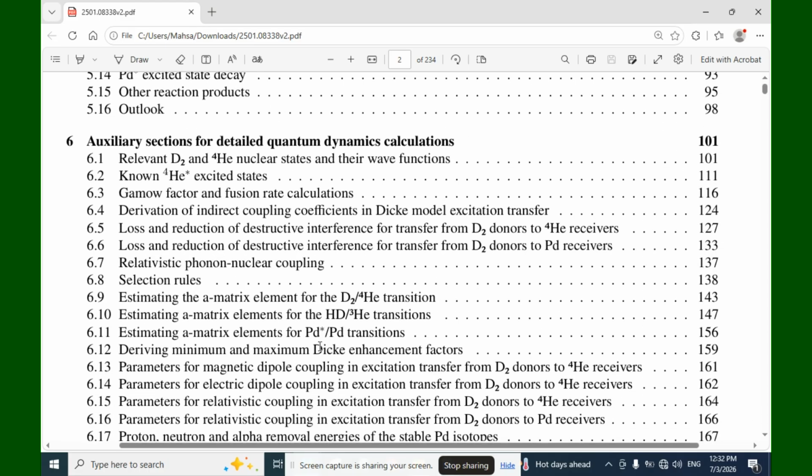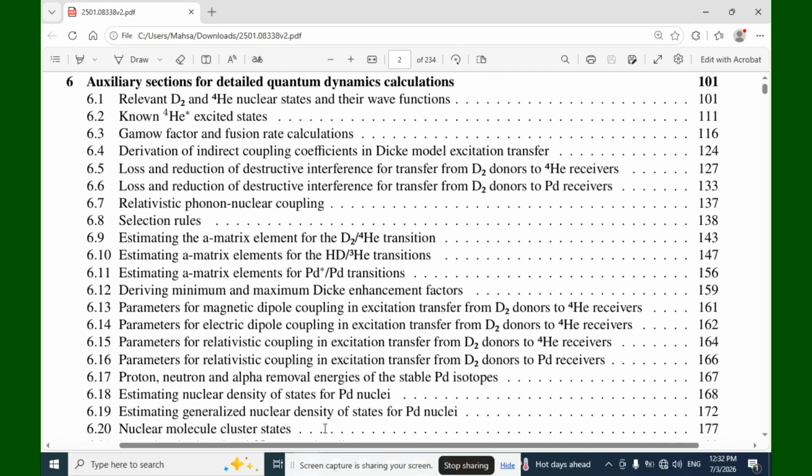The next chapter is the auxiliary section for detailed quantum dynamics calculations, and its subsections are relevant deuterium and helium-4 nuclear states and their wave functions. Now, helium-4 excited states, gamma factor, and fusion rate calculations.